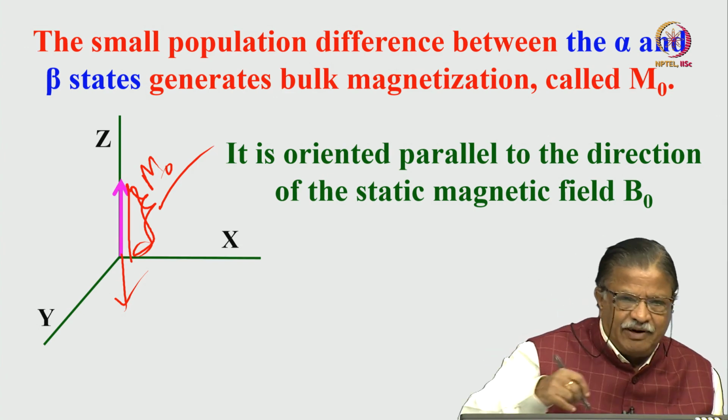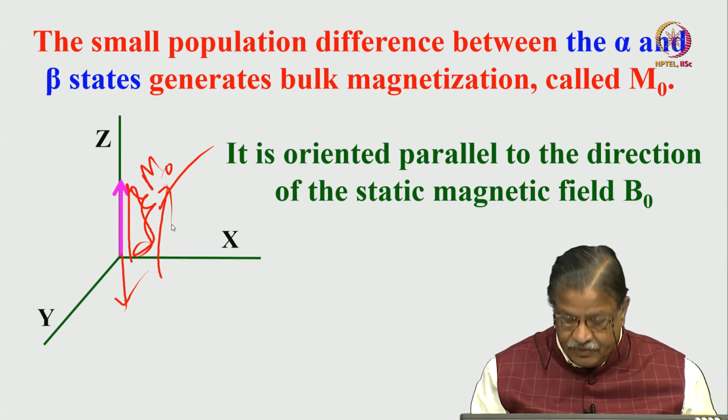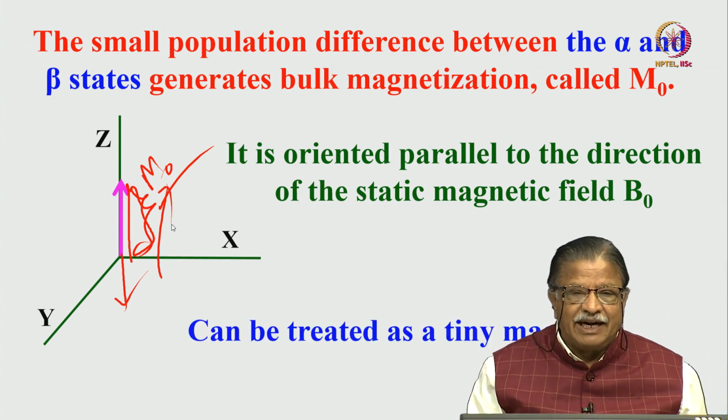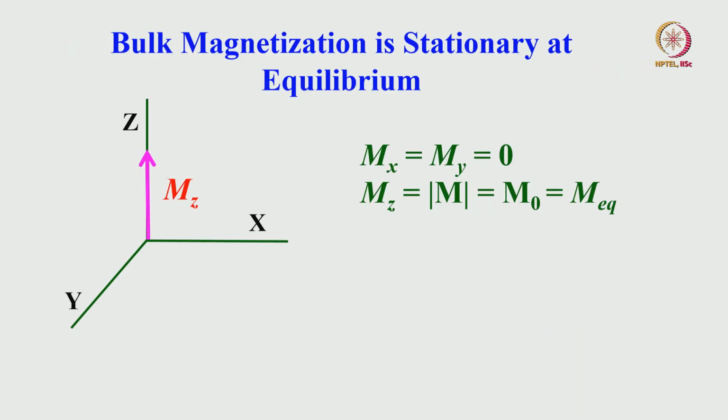A static magnetic field B naught is there, a huge magnet, and along that direction it gets aligned. Now, this can be treated like a tiny magnet. Unlike individual magnetic moment vectors, which were always continuously changing, rotating, precessing along the direction of the field, this bulk magnet is always static.